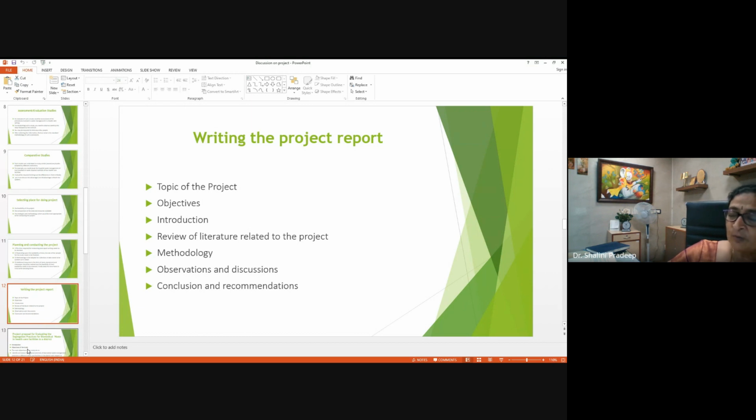Introduction will have all about needle stick injuries. How much is the prevalence worldwide? How much is the prevalence in India? How much is this in your state? You have to write all that in your introduction. And ultimately you have to write why you are doing that study. There's very little literature in your own state, so that's why I took up the study, or something like that you'll have to write. So finally, that will give you the reason why you took up this project.